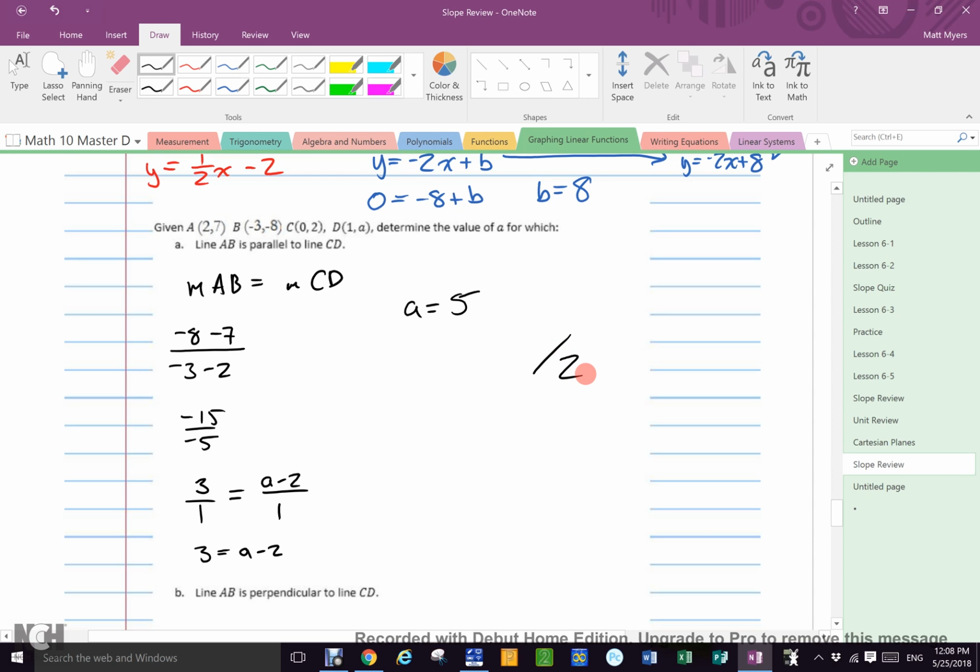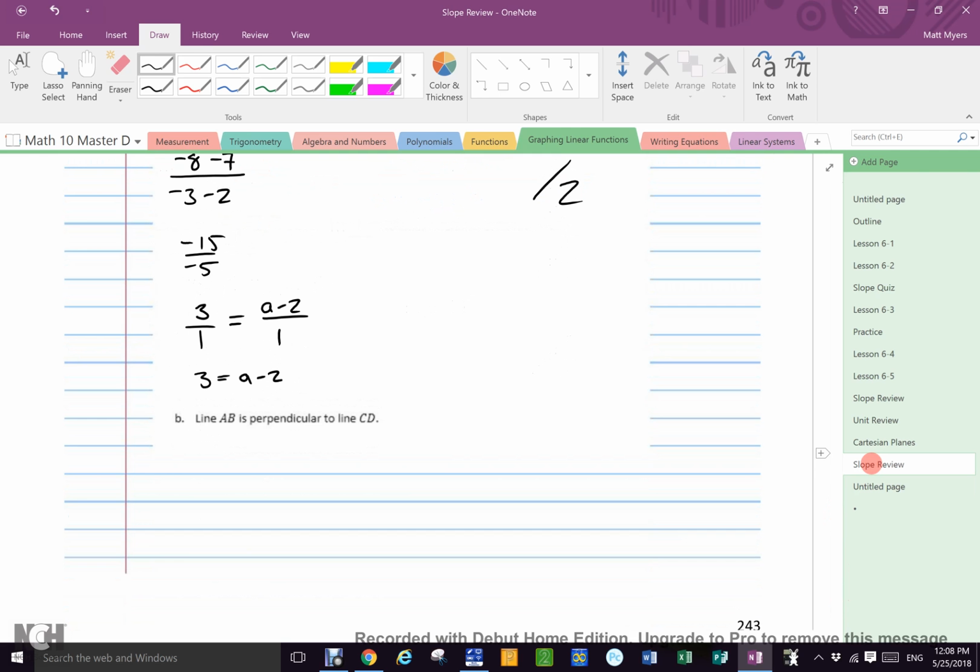Is everybody cool? Does everybody understand what I did there? Great. Now, what does perpendicular mean? Opposite reciprocals. So, one of two things can happen here. Can I change this side?